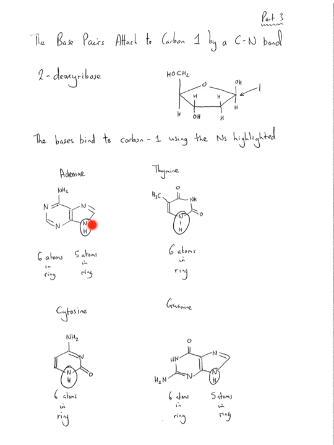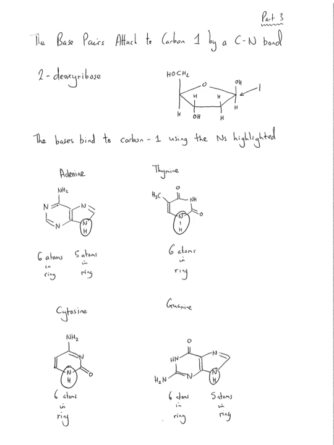This group here, the circled ones, always connects to carbon 1. What happens is the OH here and the H of the base form water, and this N, the ones I've just dotted there, form a bond with carbon number 1 on the deoxyribose.